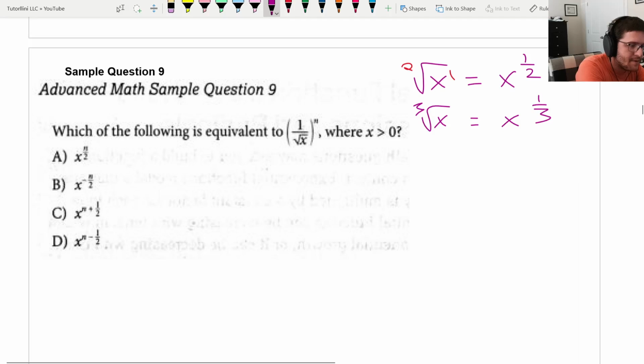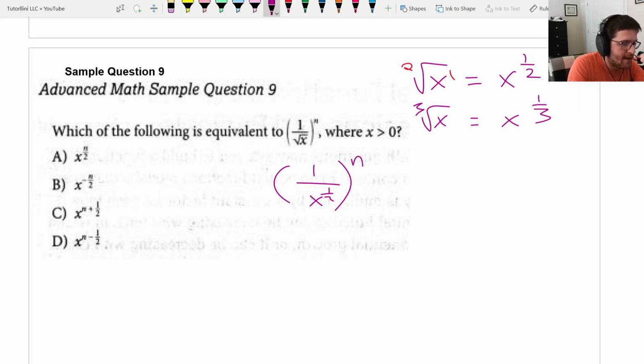Great, so I can rewrite this as 1 over x to the 1/2. Now, why don't we rewrite this part using laws of exponents? We can have it switch sides by making the exponent negative. So I'm going to bring this up here, but make the exponent negative. So I can rewrite this as x to the negative 1/2 to the n.